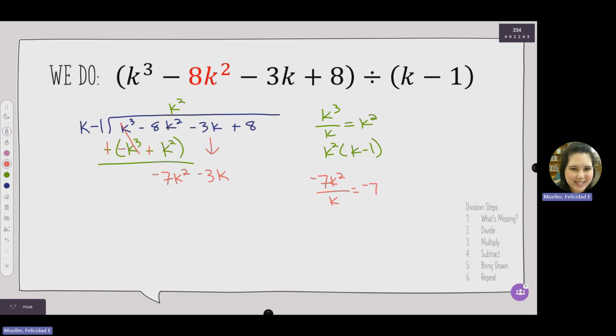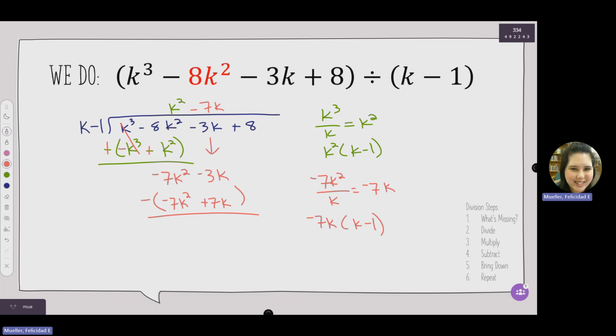We get -7k. So our new multiplier is -7k times k minus 1. So -7k, and we're going to get negative 7k squared plus 7k.